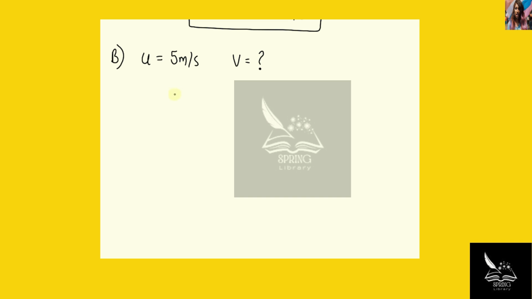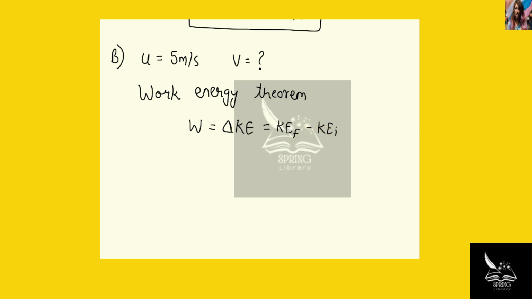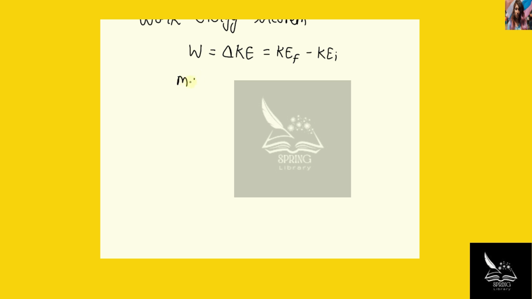So we will again use the work energy theorem. According to the work energy theorem, work done is equal to the change in kinetic energy, kinetic energy final minus kinetic energy initial. The work done is mgh, which equals half m v square minus half m u square. The m goes away from both sides.